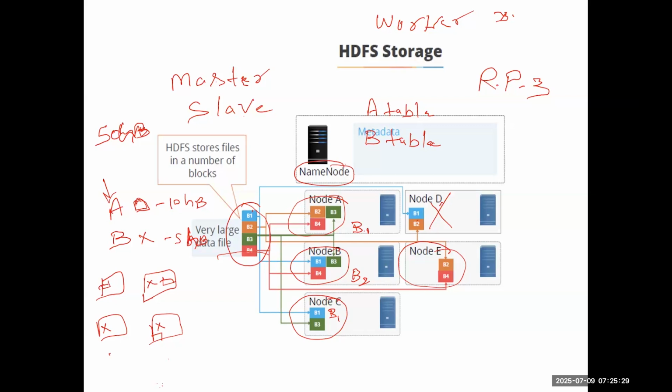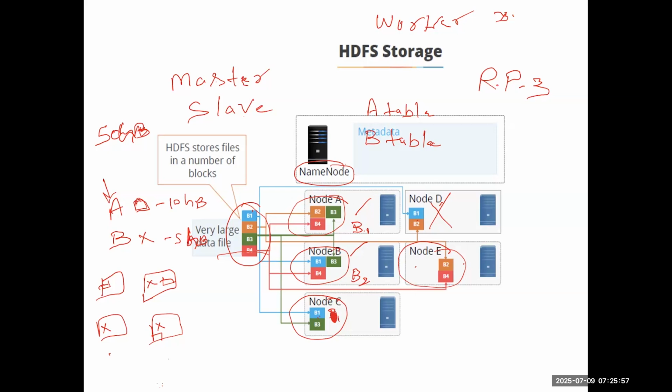I could keep B1 here also, because B1 is not here. But I am not choosing it because B1 is already here. I will try to keep B1 on different nodes, so that if node C also goes down, I still have B1 in 2 places, this one and this one. That's why we do not keep 2 copies on the same node.